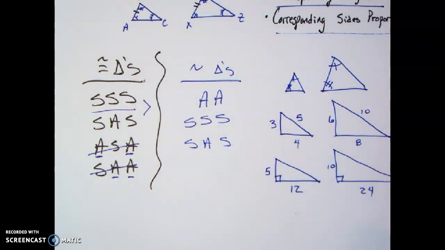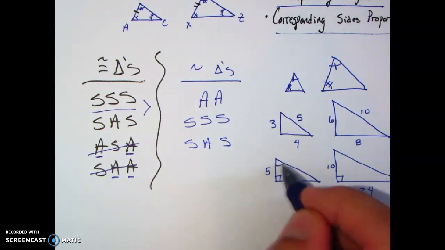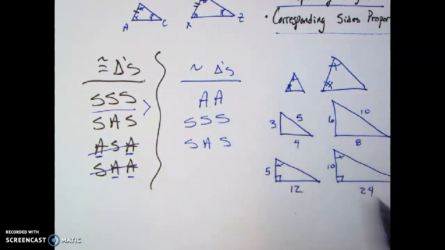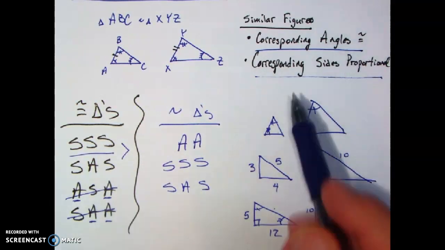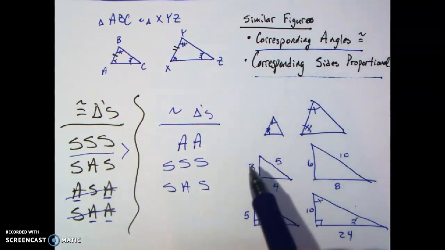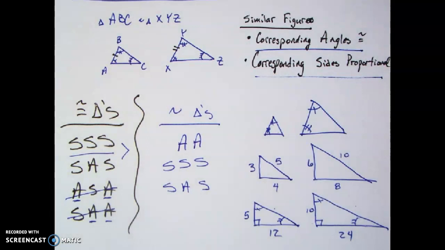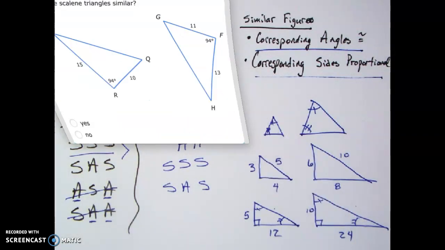They're going to be not just proportional sides, but then that turns into, hey, these angles must be congruent to one another, these two angles must be congruent to one another, and these two sides are also proportional. So once we know the triangles are similar, then it turns into all that other stuff that we know along with them, meaning all those corresponding angles are congruent and all of those corresponding sides are proportional.